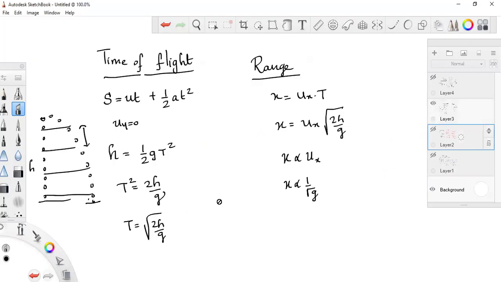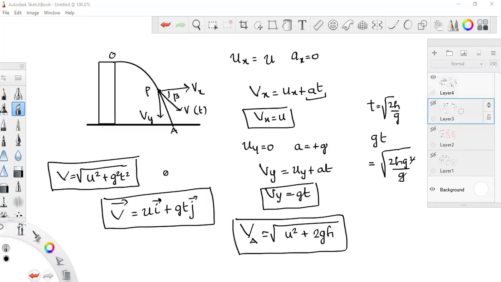We have found the time of flight and the range of the projectile and the dependency of the range on the initial velocity and the acceleration due to gravity. Finally, we spoke about the resultant velocity of the projectile at any point, then the velocity with which the projectile hits the ground when it is projected with some initial velocity u.